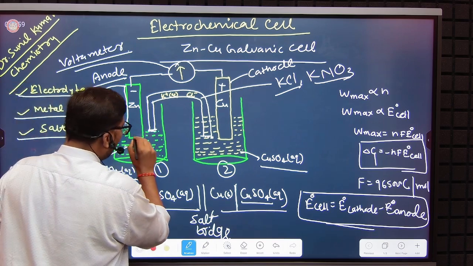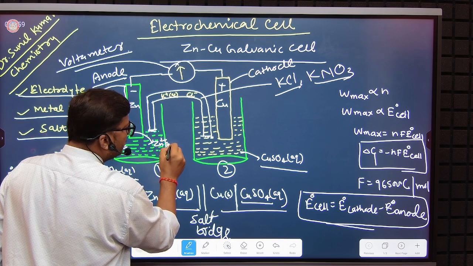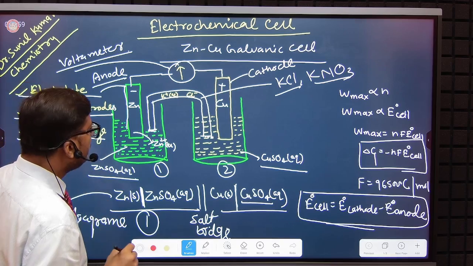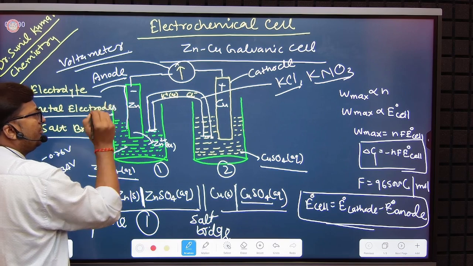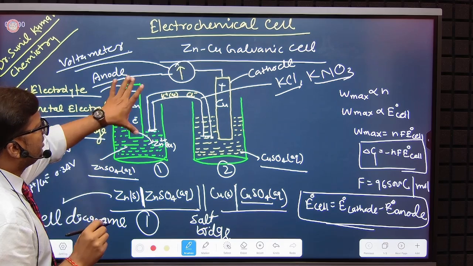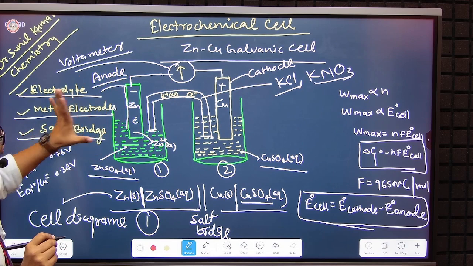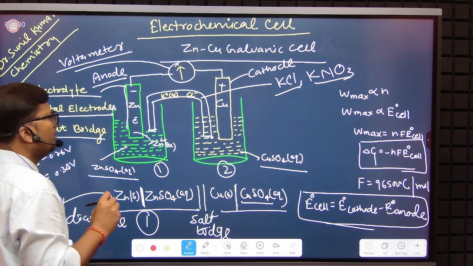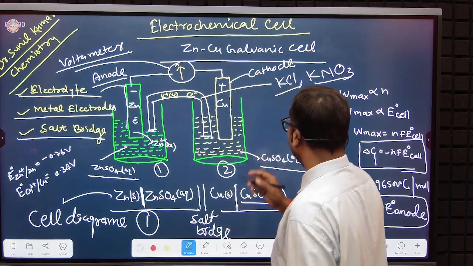Now here the zinc plate undergoes dissolution into the solution in the form of Zn2+ aqueous, right? Leaving behind electrons on its surface, right? So that is why it is negatively charged, or it has a negative polarity, right? In this other component, what happens?